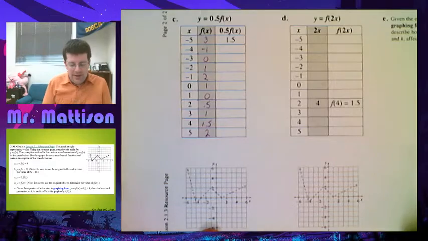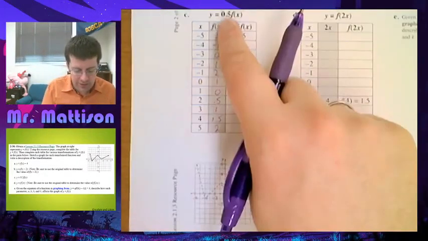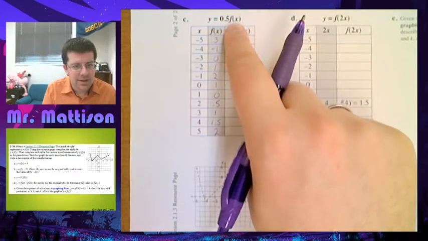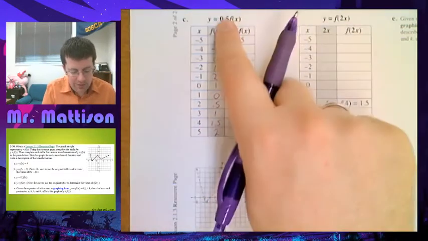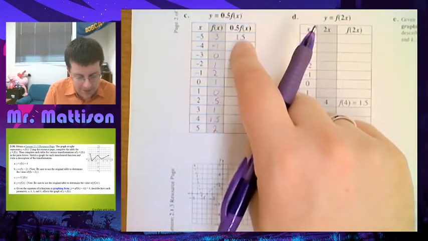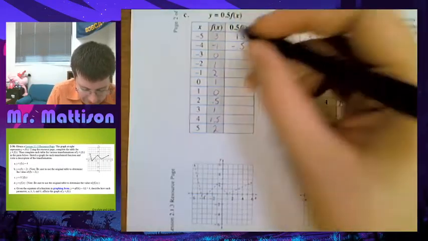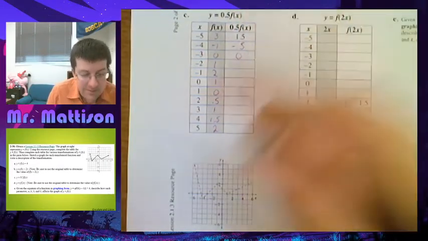Okay, so now that we have these listed, here's what we're trying to do. So this is 0.5 of f of x. So here's my f of x values. I want 0.5 of it, or half of it. So half of 3 is 1.5. Half of negative 1 is negative 0.5. Half of 0 is going to stay 0, right?